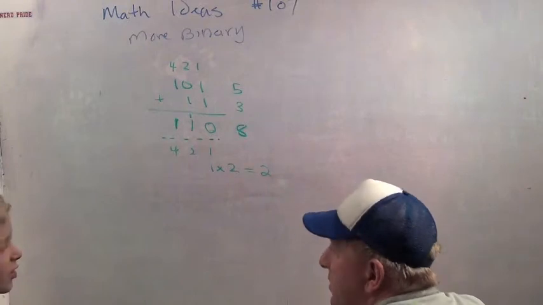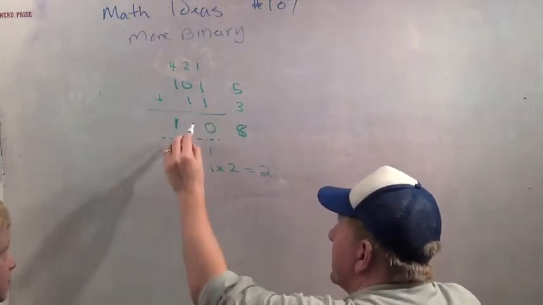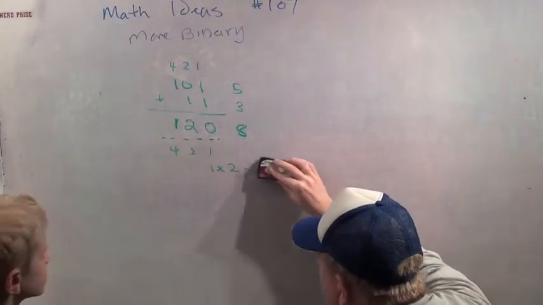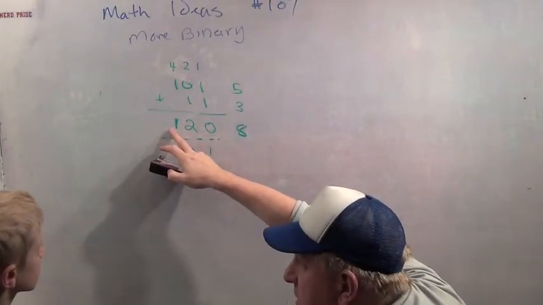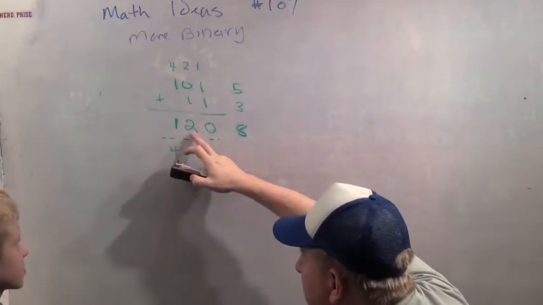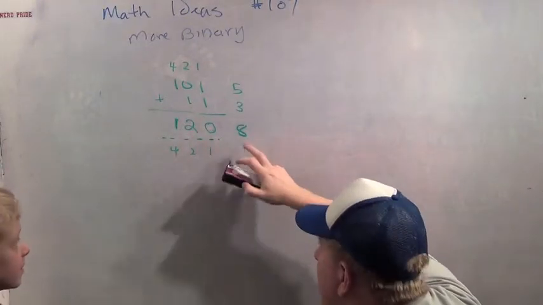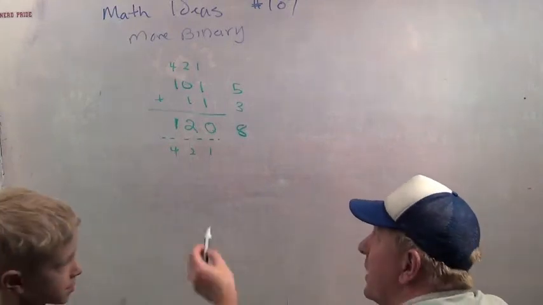But 1 plus 1 is 2. So now we have two blocks stacked on top of each other again, just like in our previous videos. Now again, let's check. This does produce the number 8. This is 4 times 1 plus 2 times 2, which is 4 plus 4, which is 8. And 8 is really 8. Great.